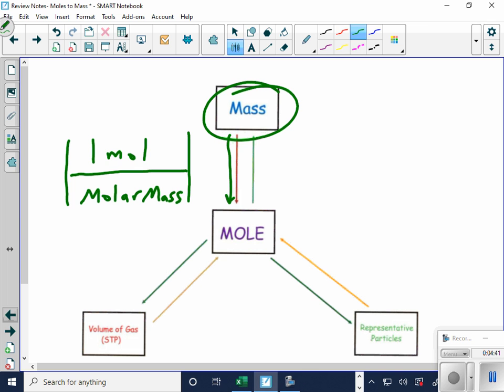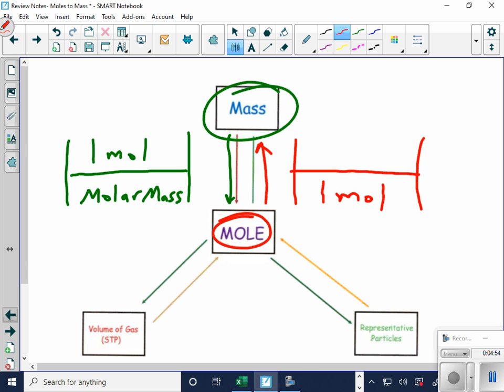Now on the other side, if I'm going up from mole to mass, it's just going to be the inverse of that conversion box. I'm going to have the 1 mole on the bottom so it can cancel, and I'm going to have the molar mass on the top.